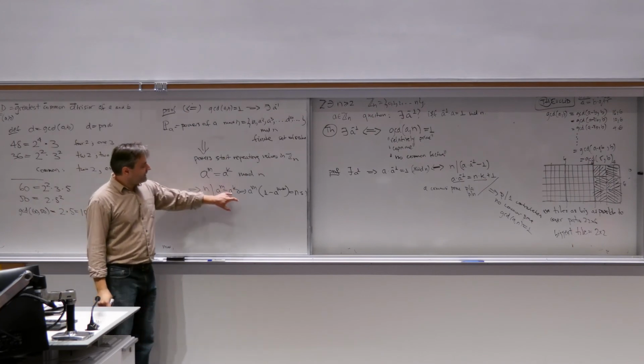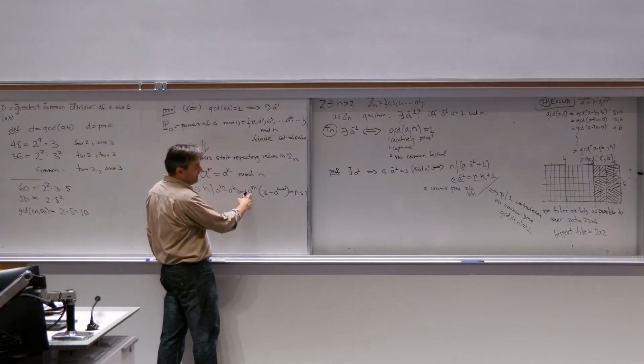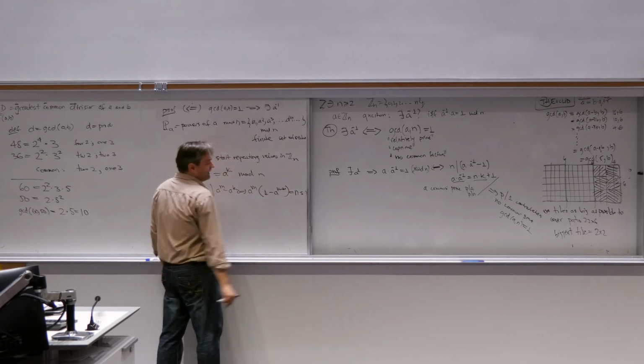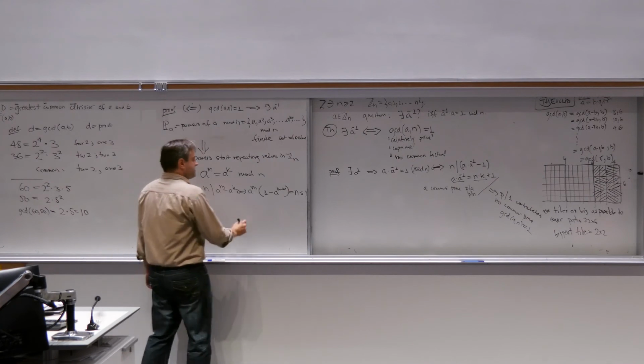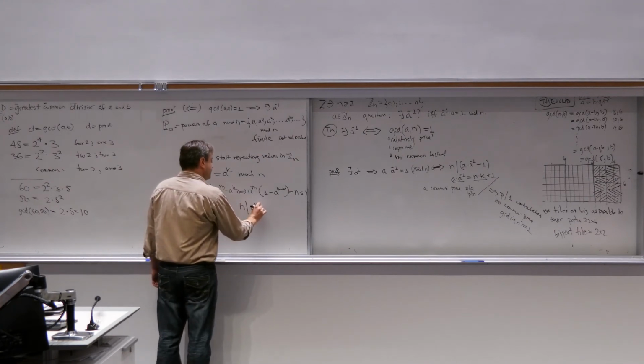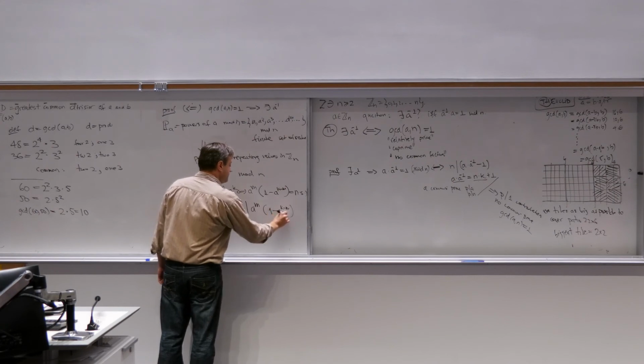So I took the common factor a^m, assuming m is smaller. I got that a^m times (a^(k-m) minus 1) is n times s. So now n divides a^m times (1 minus a^(k-m)).